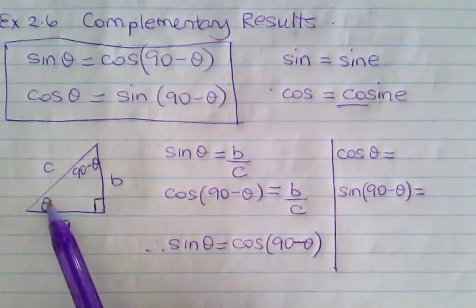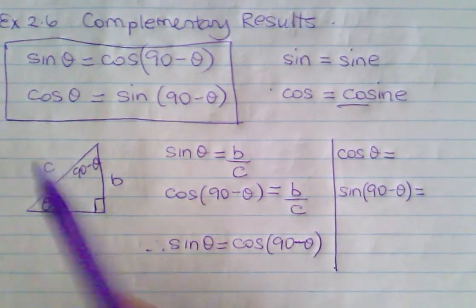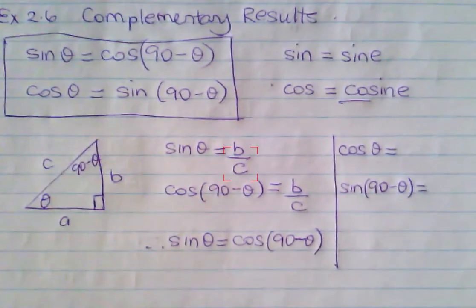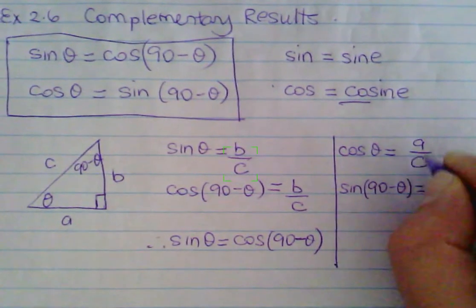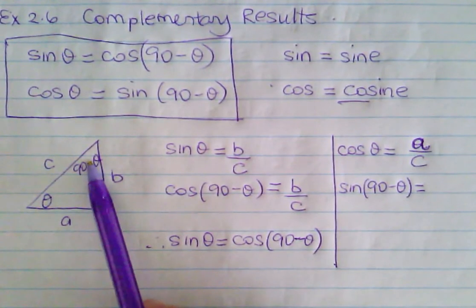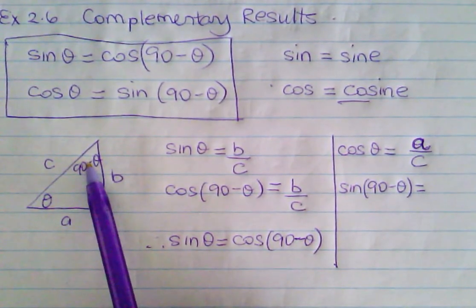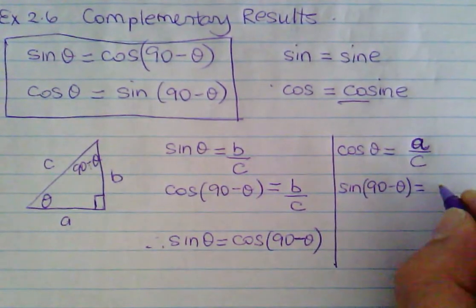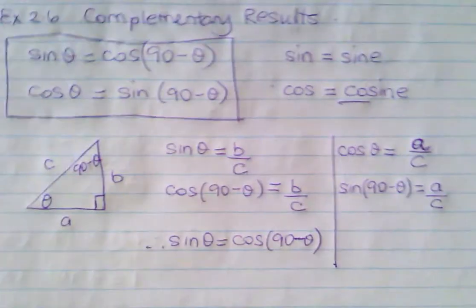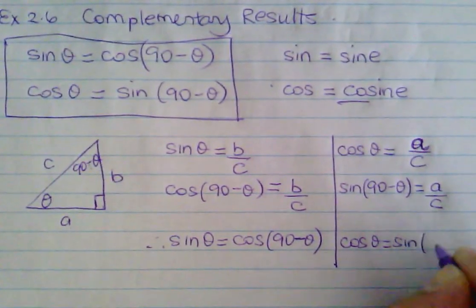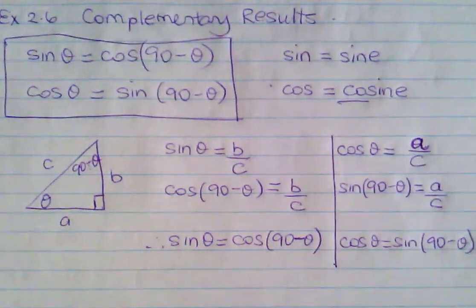So cos of theta is adjacent over hypotenuse, which is A over C. And sine of 90 minus theta, from this angle as my reference point now, is opposite over hypotenuse. Again, A over C. So therefore, cos of theta equals the sine of 90 minus theta.